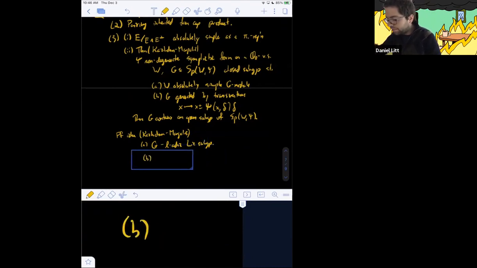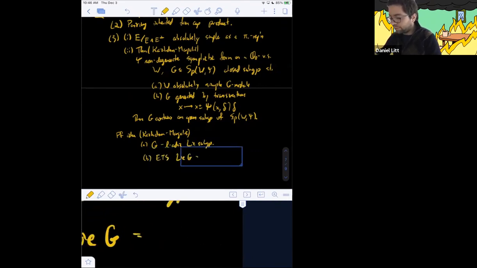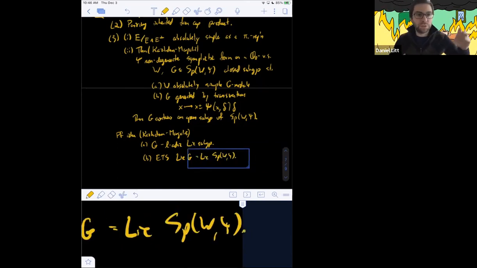So once you know this, it's enough to show that the Lie algebra of G is equal to the Lie algebra of Sp(W, C). This is just because there's an l-adic exponential. So if you contain the Lie algebra, then exponentiating, you get an open subgroup.